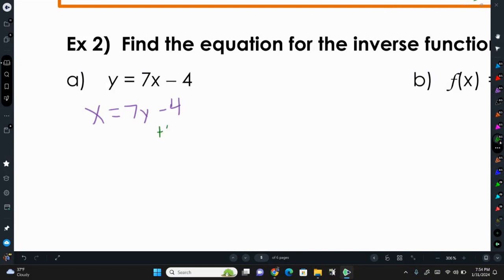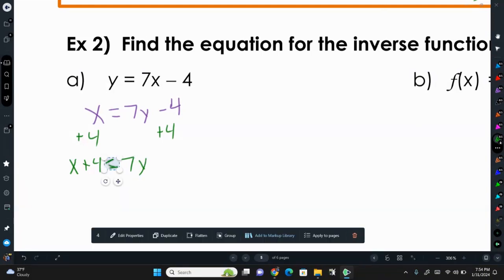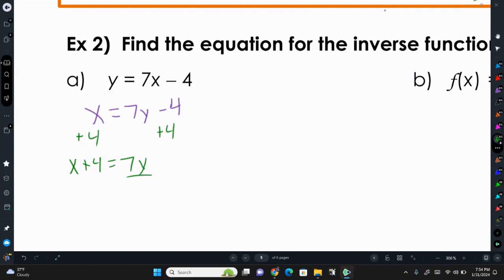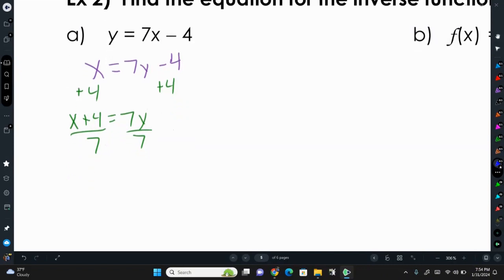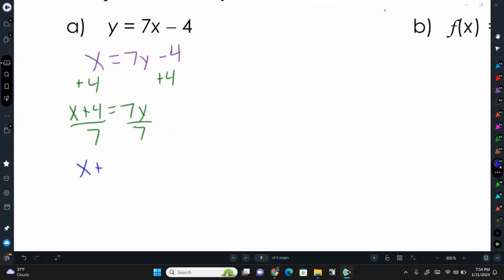Okay, then we get y by itself. So we have x plus 4 equals 7y. And then we divide both sides by 7. And then that will be x plus 4 over 7 equals y.